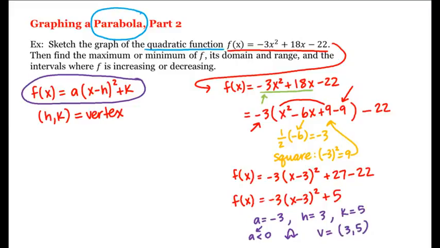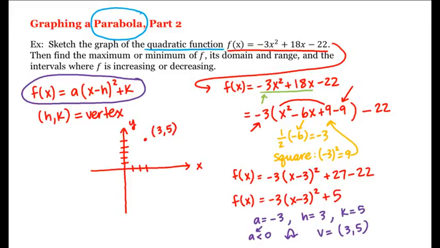So let's plot the vertex. Let's say that this is the y-axis, and this is the x-axis. So we have 1, 2, 3, and then 1, 2, 3, 4, 5. So the vertex is here at 3, 5.